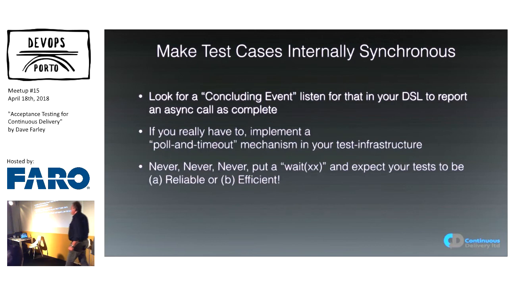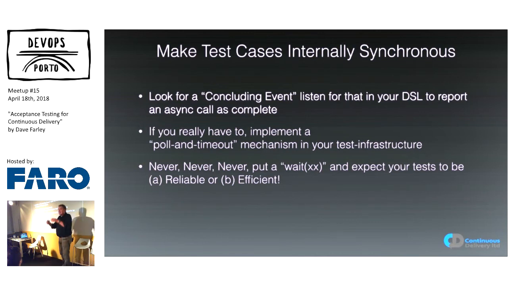If you really, really have to, if you can't find a concluding event, the first thing that I'd recommend is think about the design of your system and think, maybe there should be a concluding event. Maybe I'm missing something in the design of my system, and if I implemented one, it would be a better system. But if you really can't find one, let's say you're writing this test against something that you don't have full control of, a legacy system or something like that, then what I would recommend is that in the test infrastructure, you implement a poll and timeout mechanism.